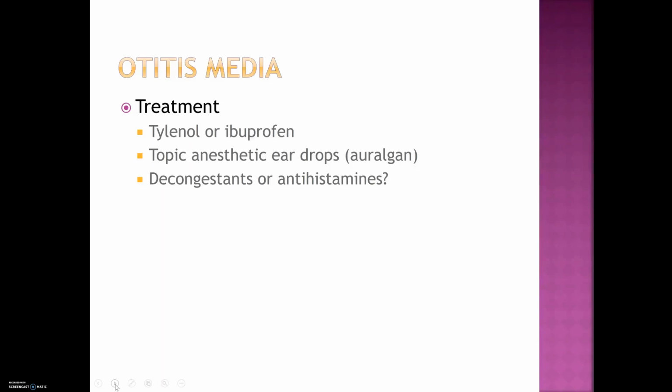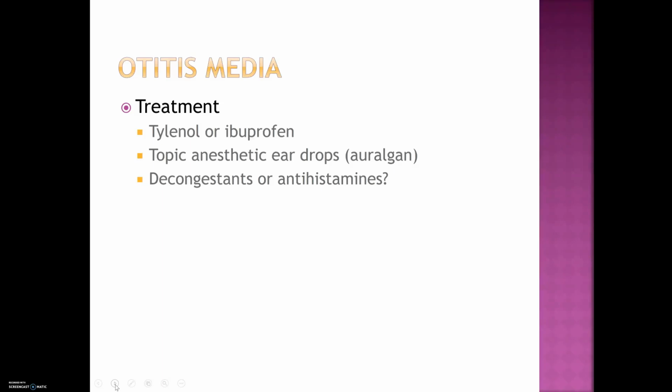Some people put cotton swabs in their ears after they give the Auralgan so that it doesn't run out. However, a lot of times the Auralgan tends to absorb all in the cotton swab and not actually in their ear. So if you can put it in and get them to kind of hold their head that way so that the medicine gets in that ear really good, that's the best way.